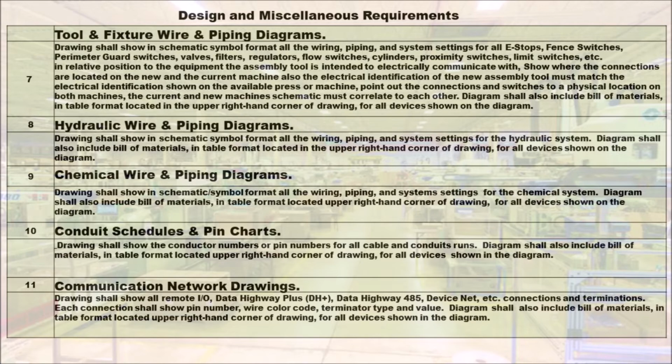Drawing shall show all remote I/O, Data Highway Plus, DH Plus, Data Highway, DeviceNet, etc. connections and terminations. Each connection shall show pin number, wire color code, terminator type, and value. Diagram shall also include bill of materials, in table format located in the upper right-hand corner of drawing, for all devices shown on the diagram.